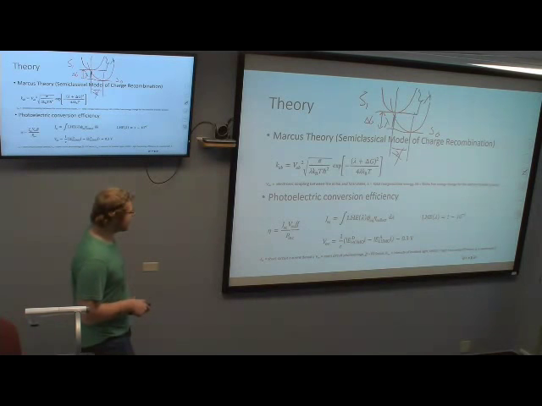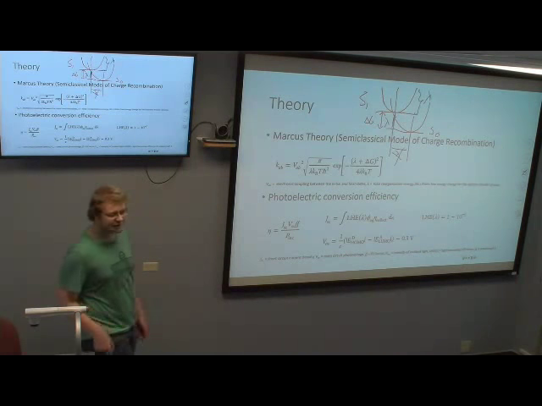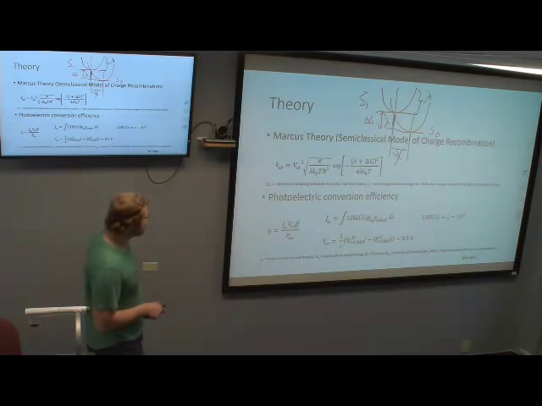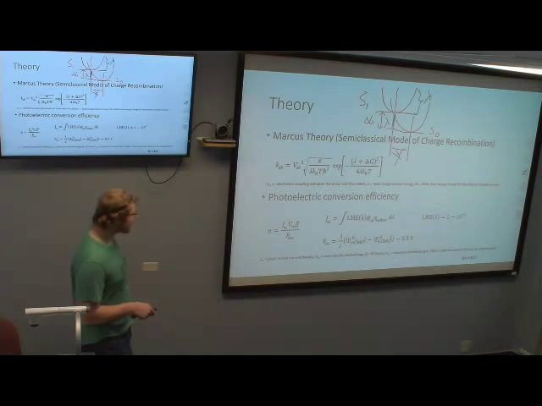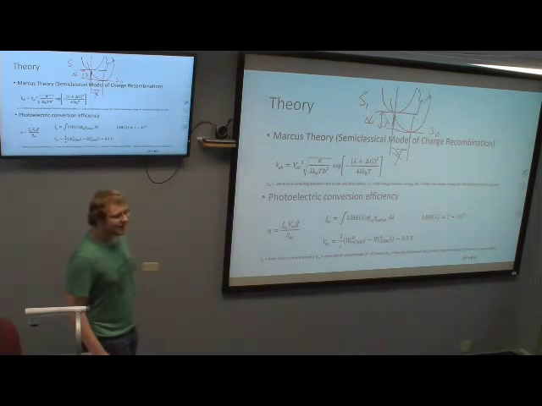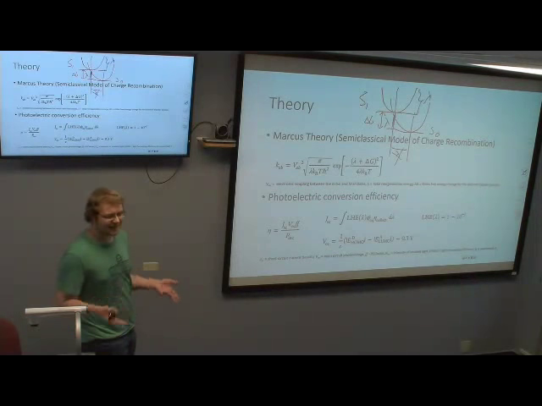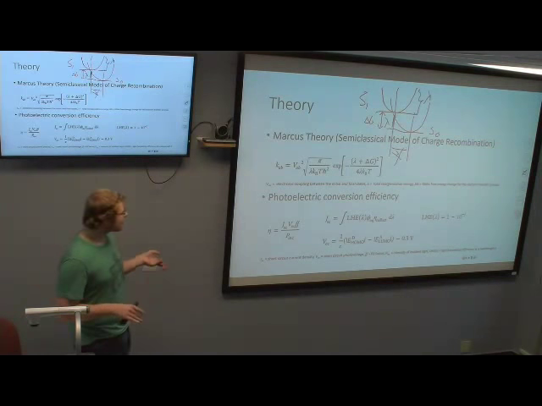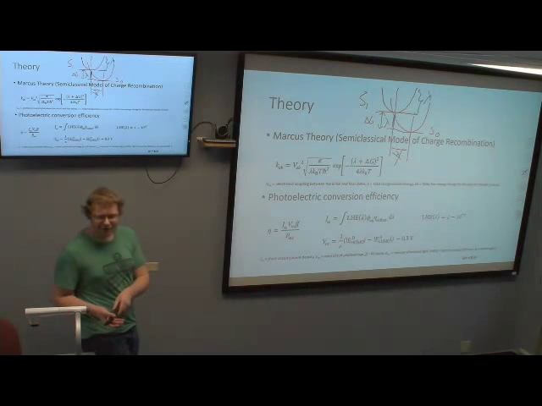And then this VOC is the open circuit photovoltage, or voltage of the system. This fill factor, they didn't really touch on, but my understanding is that it's the ratio of the maximum power versus the actual power.